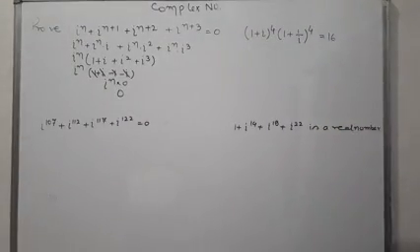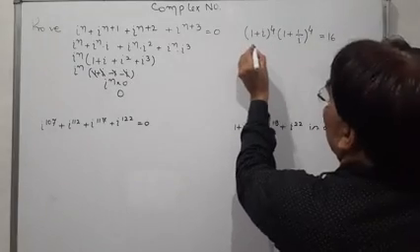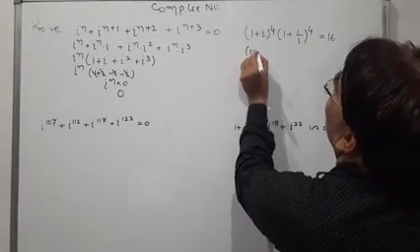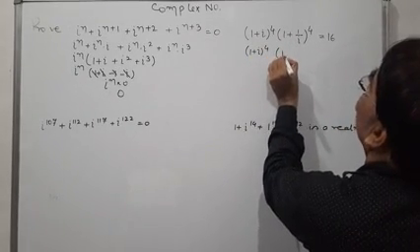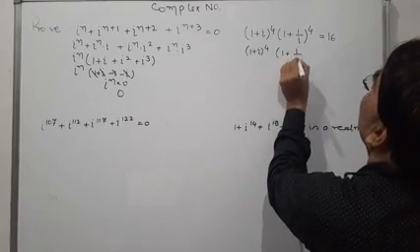Now let's see the second question, this one. We can write (1 plus i) to the power 4. Here we can multiply by 1 minus i in the numerator and denominator.